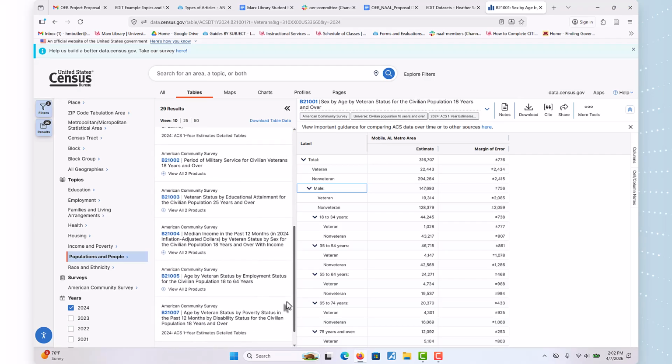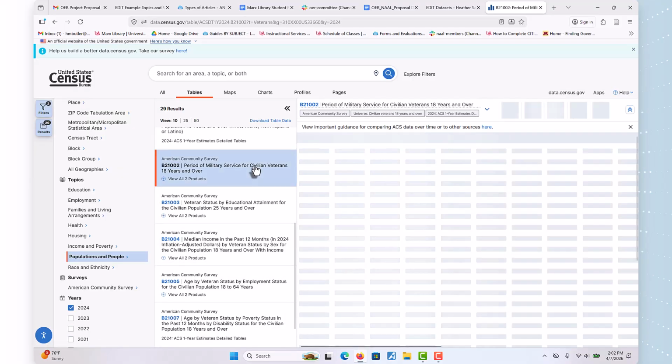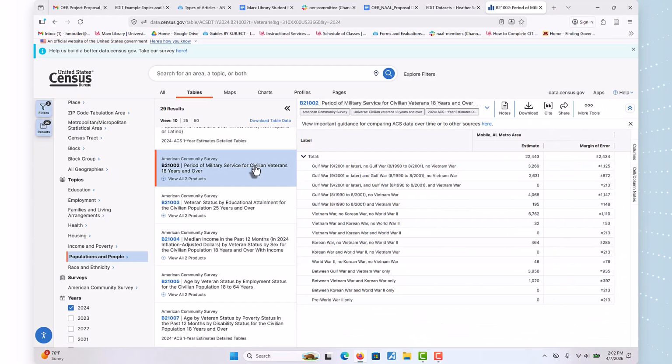This is also, I can look and find, oh, this one says specifically period of military service. So yes, if I wanted to know information about which war, which period they served, then I get this here. One of the things that it comes down to, though, if you see the margin of error column, that means that this is about the error of their count.